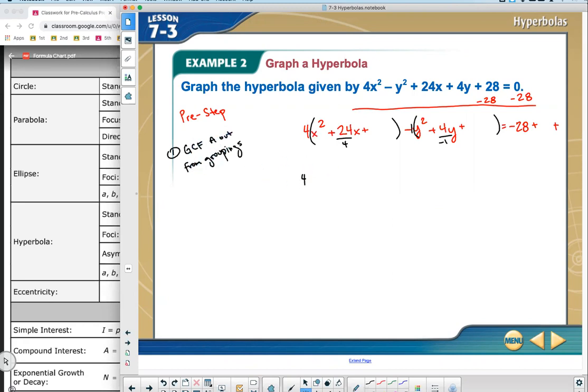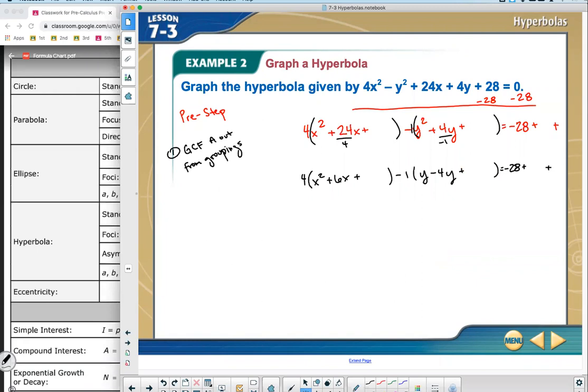So I have 4 times x squared plus 6x plus a blank, minus 1 times y squared minus 4y plus a blank. I have a positive 4 divided by a -1. That's going to become a -4, plus a blank, equals, oops, I almost forgot the negative right there, negative 28 plus a blank and another blank. That's step 1.